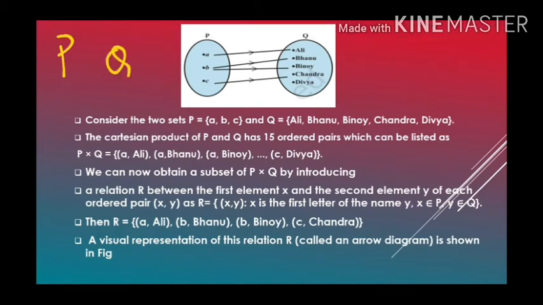You chose the R set in such a way that R becomes a subset of P cross Q, since all the elements belong to P cross Q. That's why this R is a relation from P to Q.